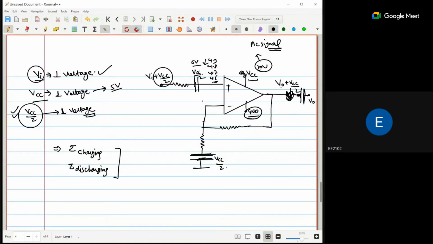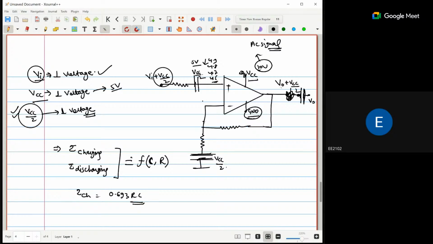That particular time is a function of the capacitance and the resistance connected with it. I think you are aware that tau charging is 0.693 RC, like that one value.